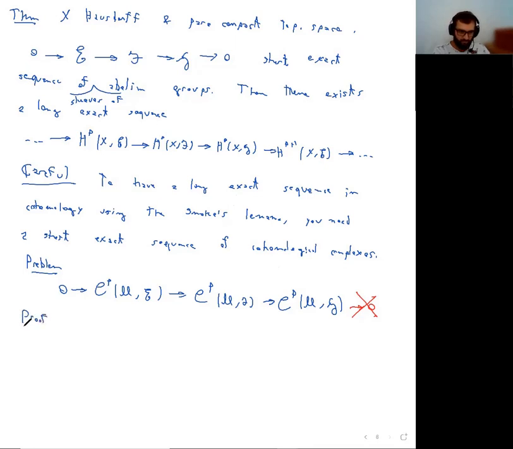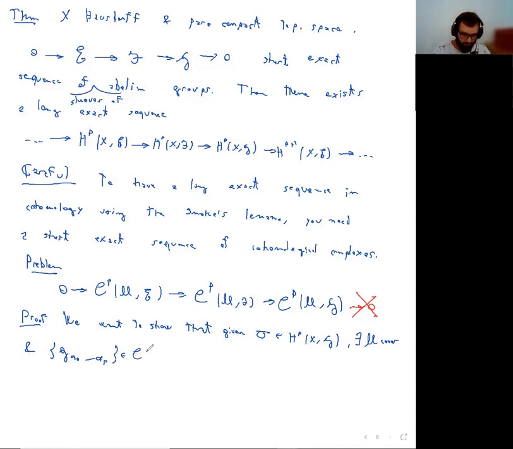Let's now dwell with the complete proof. So we want to show, let's just repeat this last thing, that given an element sigma in H^p(X, G), there exists a cover U and an element G_{alpha_0...alpha_p}, which is a cochain on this set U, which represents the sigma.